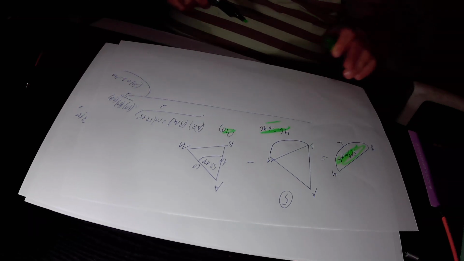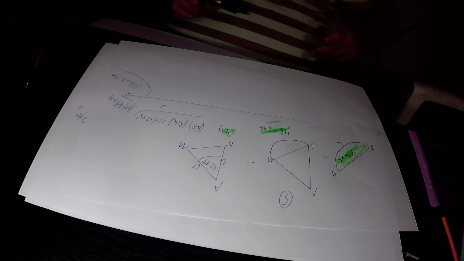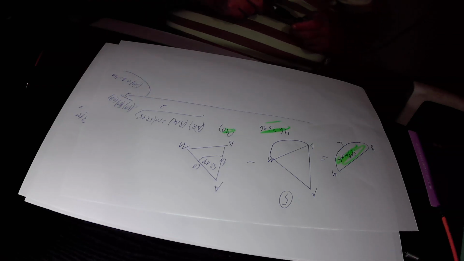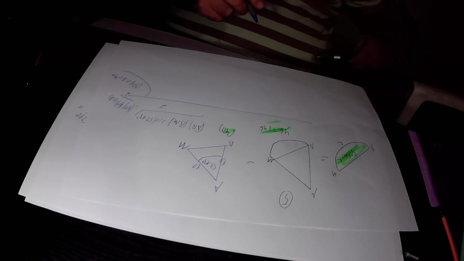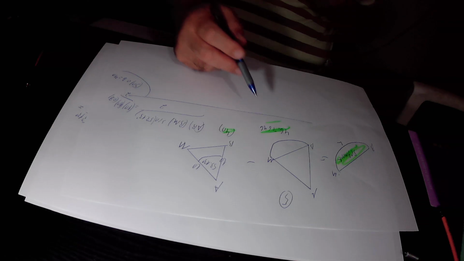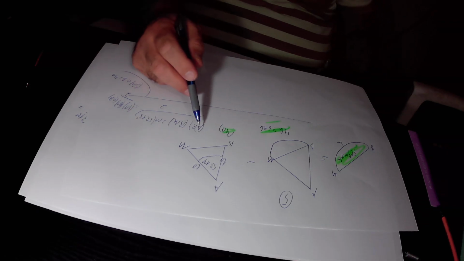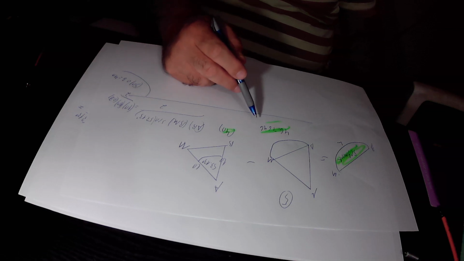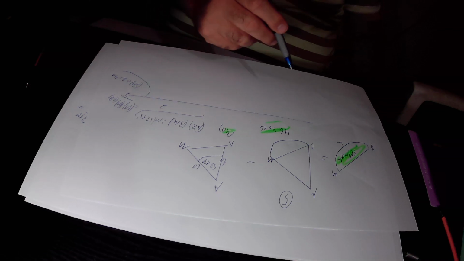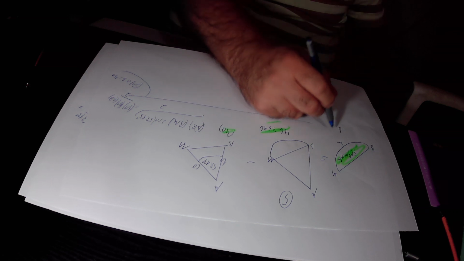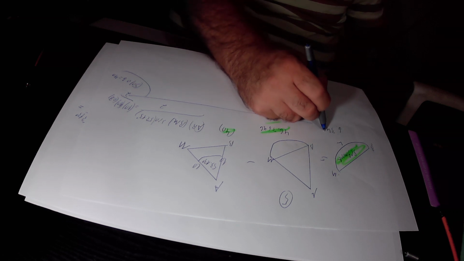And the area of segment BLM equals the area of sector ABM minus the area of triangle ABM. That is to say, the area of sector ABM is 46.3646 minus the area of this triangle ABM, that is 40. 46.3646 minus 40 is 6.3646.